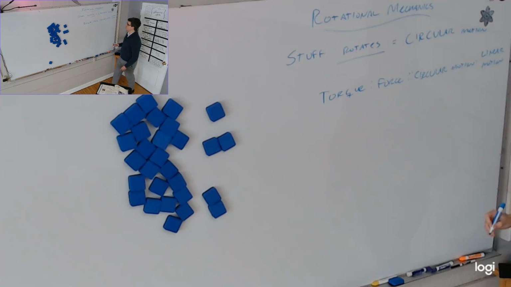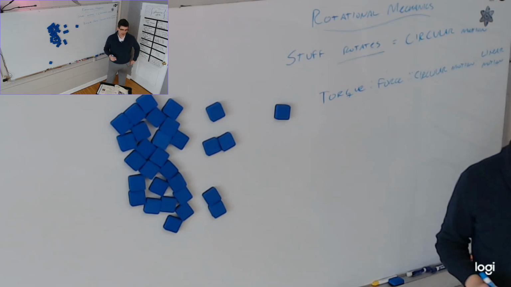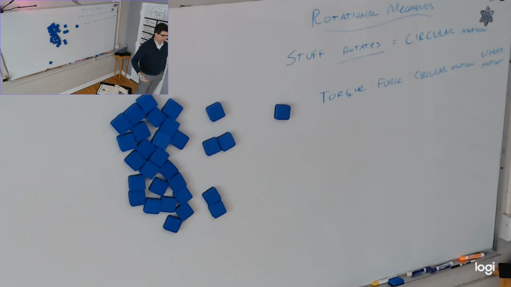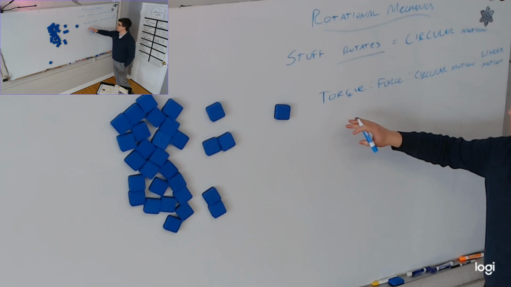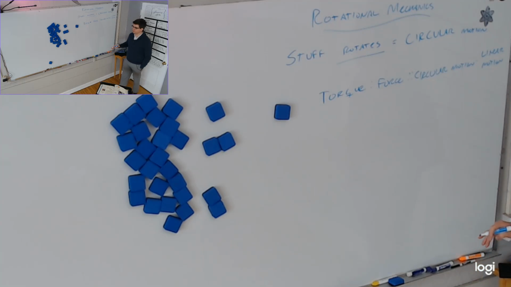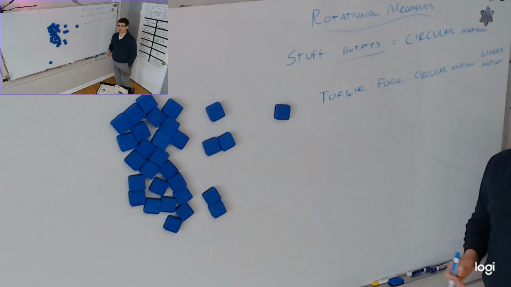To be even more simple, we could say torque is to force as circle is to line. There's more to it than this. Torque is to force as rotational momentum, or angular momentum is what we usually call it, is to linear momentum.